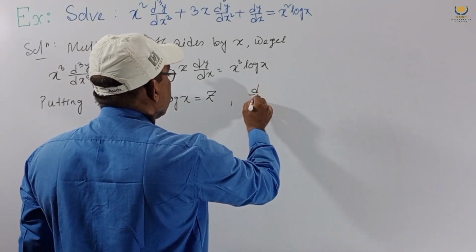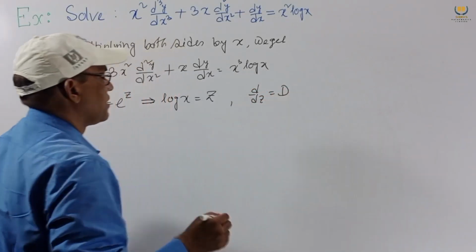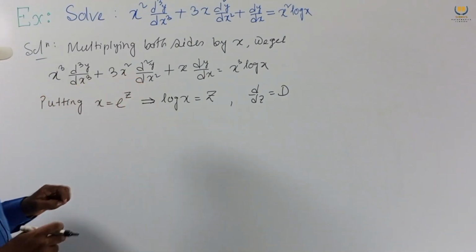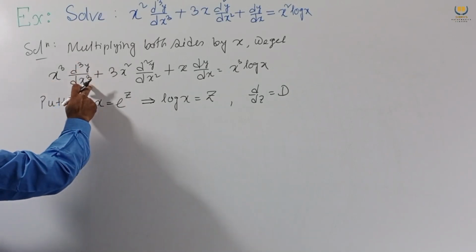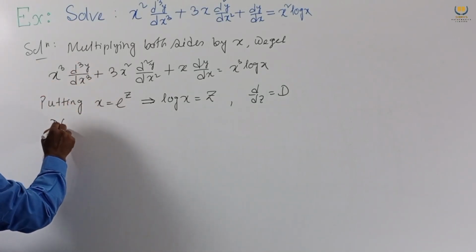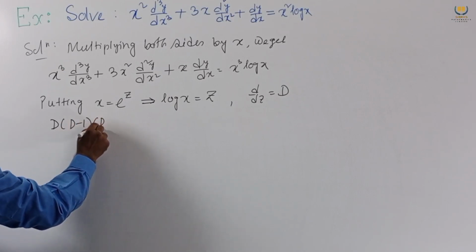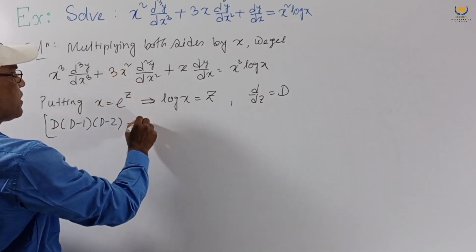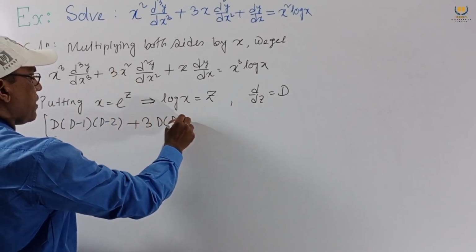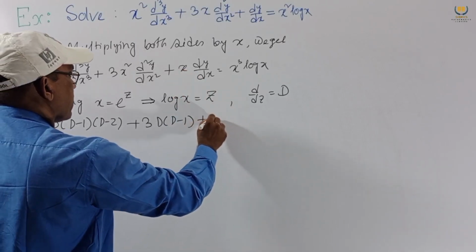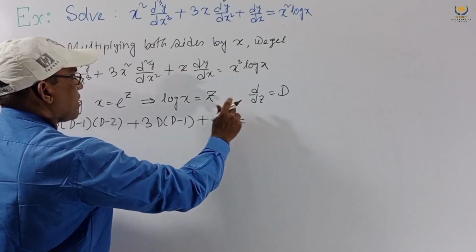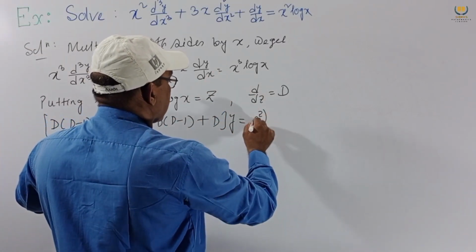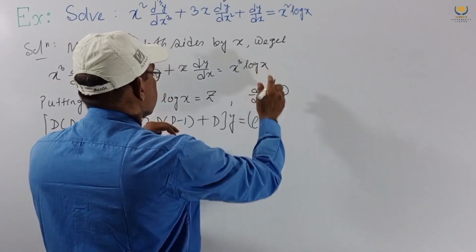And d dz equal to capital D. Now by rules of homogeneous linear differential equation, x cube d cube y dx cube we can write as D(D minus 1)(D minus 2), and this one x square d square y dx square as D(D minus 1). This is x dy dx, we get D, and y common. Right hand side x cube means e to the power z whole cube, and log x means z.